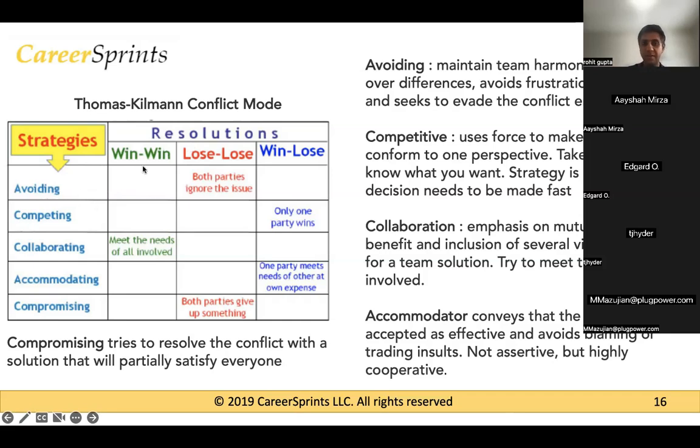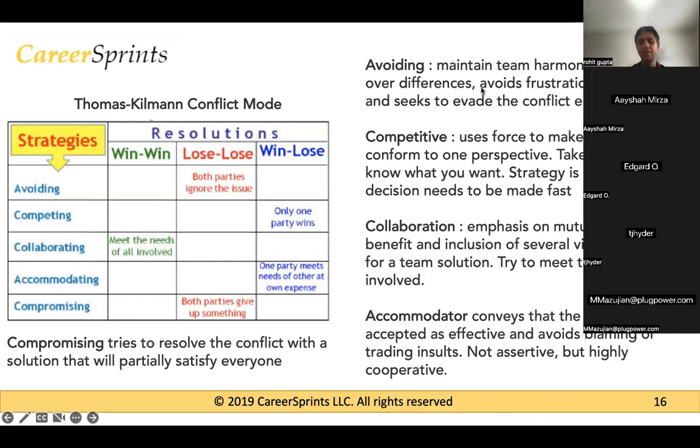Avoiding is, for example, a lose-lose type of resolution. Competing is a win-lose type of resolution. Collaborating is a win-win resolution. Accommodating is a win-lose resolution, and compromising is a lose-lose type of resolution. So this will help you understand the different people in your project and what kind of conflict modes they are in.